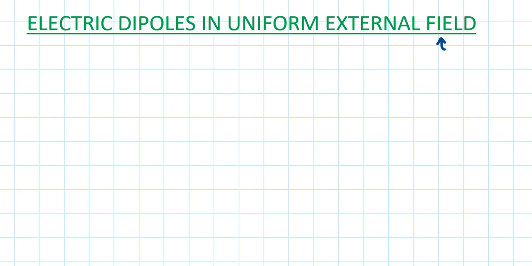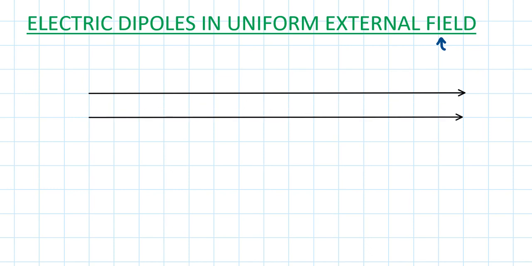A uniform field can be represented using electric field lines. In any region where you have a uniform electric field, it will look something like this.